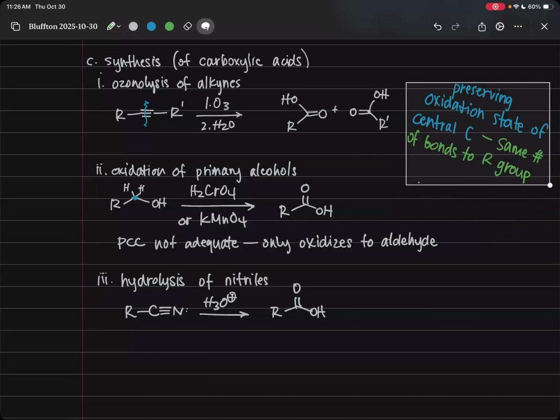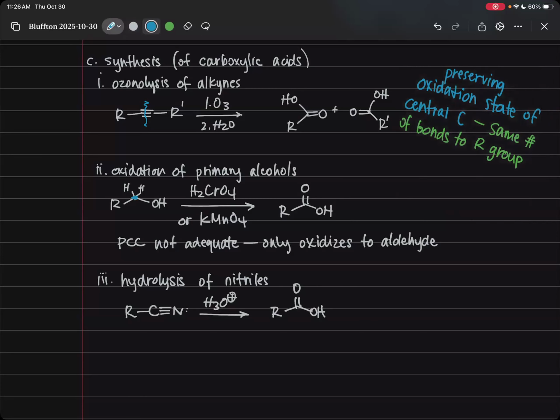So this counts for this one and also for hydrolysis of nitriles. However, the oxidation state of the carbon does change in the oxidation reaction, hence the name. Same number of bonds to R group and two heteroatoms, like nitrogen or oxygen.